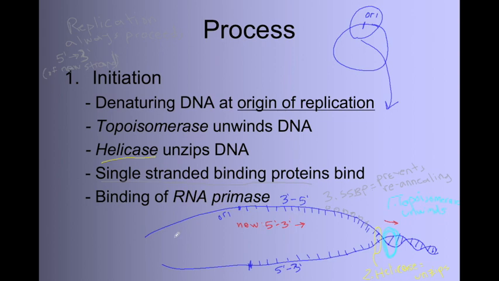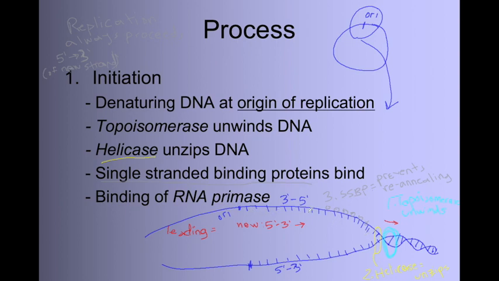The leading strand is where the new strand is in the orientation of 5 to 3' in the direction of the replication fork, right?